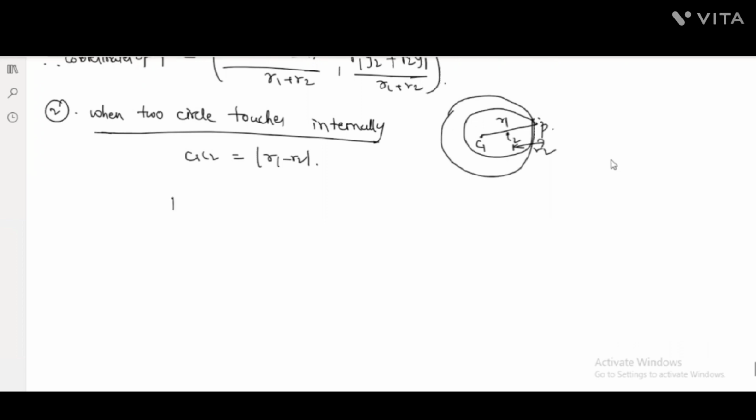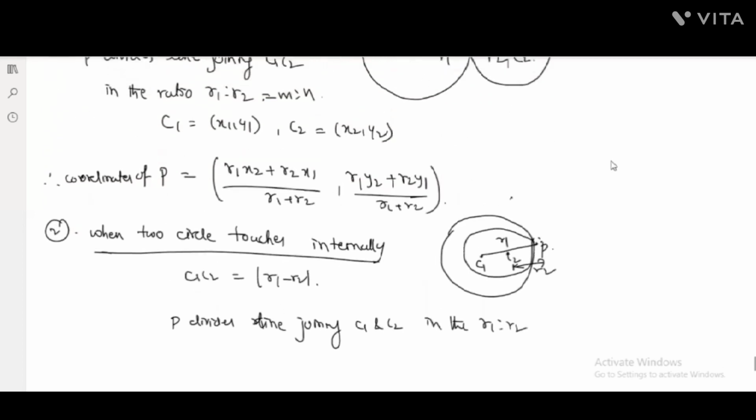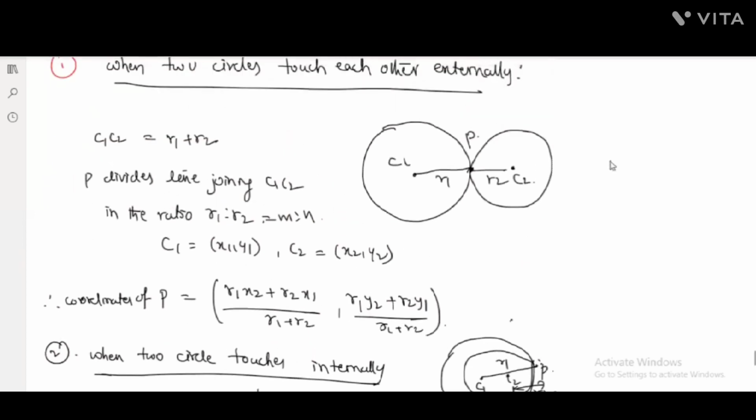Again, P divides the line joining C1 C2 in the ratio R1 is to R2 externally. This is for internal touching, and the earlier one is for external touching.